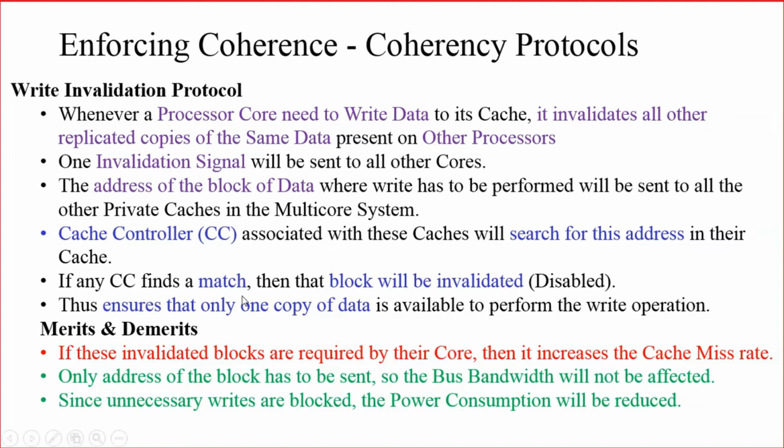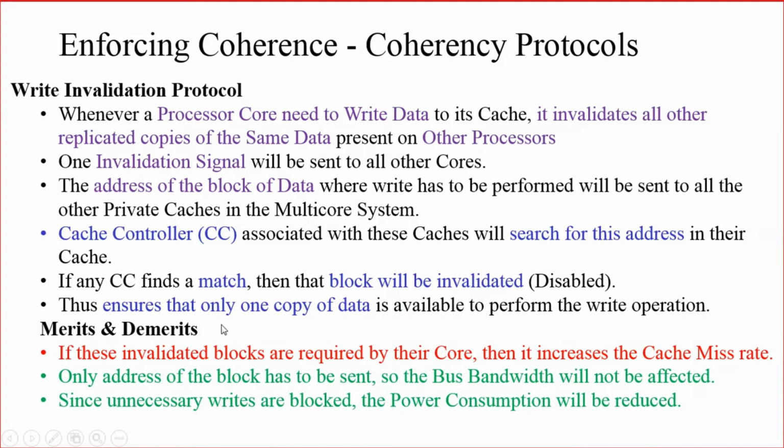If the cache controller finds a match, that means the address is present there, what does it do? That particular block with the particular address will be invalidated or disabled. So whenever the cache controller identifies that the address sent by the first processor is present in its own private cache, that block will be invalidated. By doing this invalidation, what are we expecting?